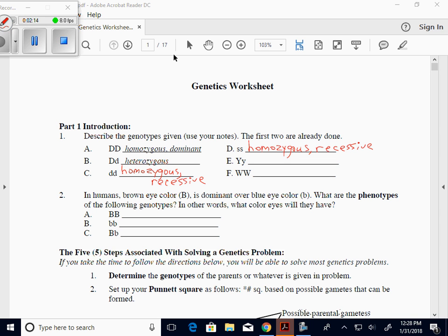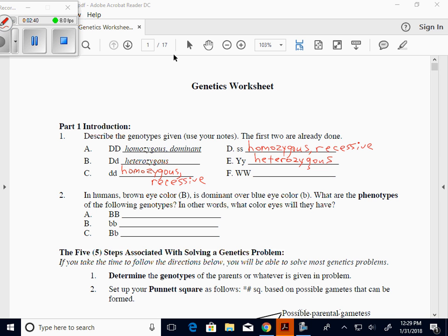What is letter E? Capital Y, lowercase y. Lewis? That is heterozygous. What about letter F? Capital W, capital W. Sydney, what do you think? Homozygous purebred.